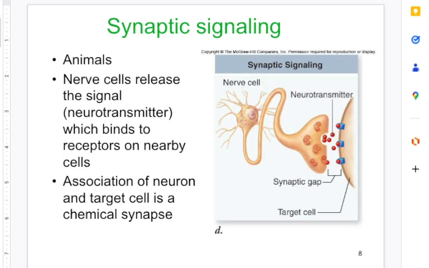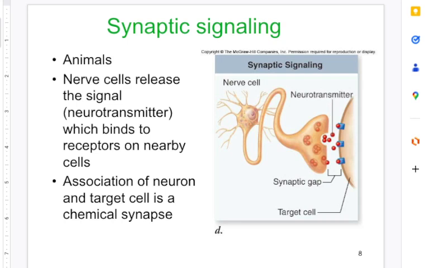So animals use synaptic signaling a lot. This is how we are able to have the higher functions of our brain control the rest of our body. So this is frequently seen in animals. Nerve cells are going to be the one that is sending the signal, which in this case the chemical signal is a neurotransmitter.